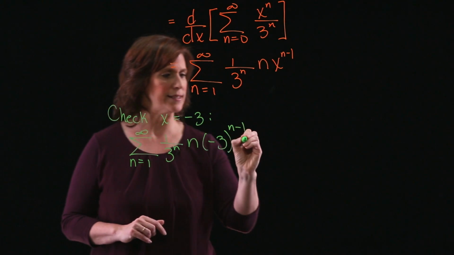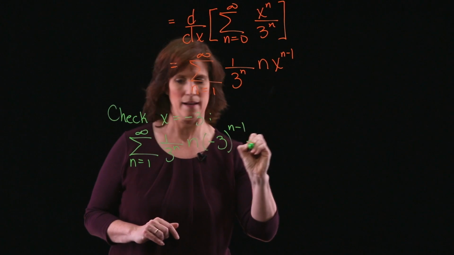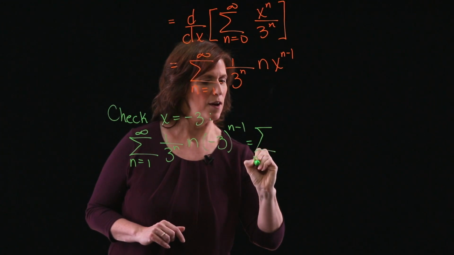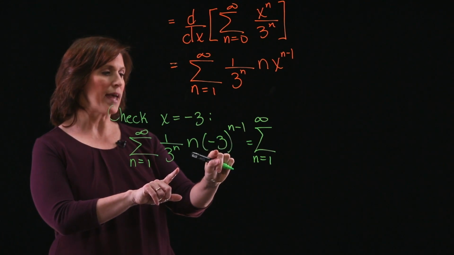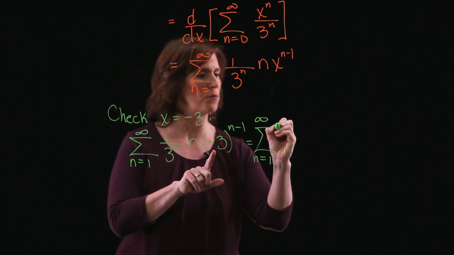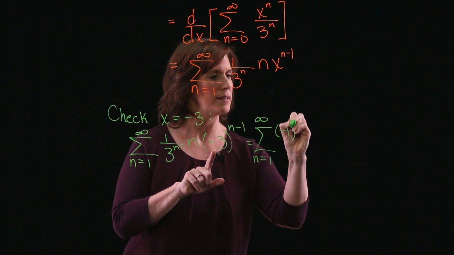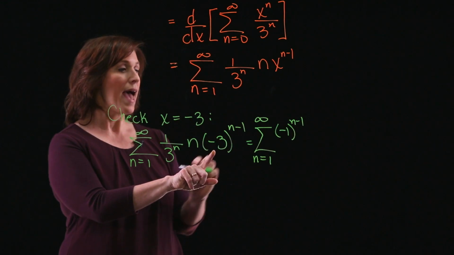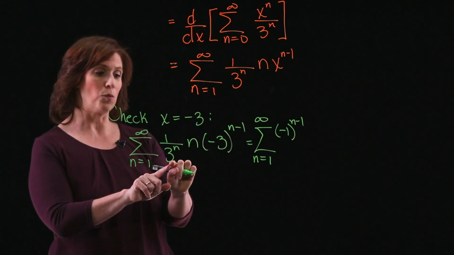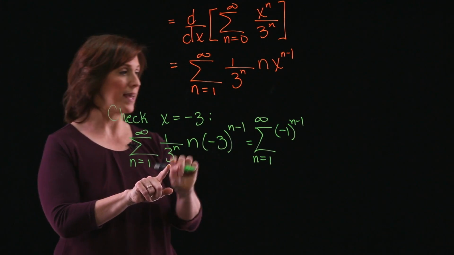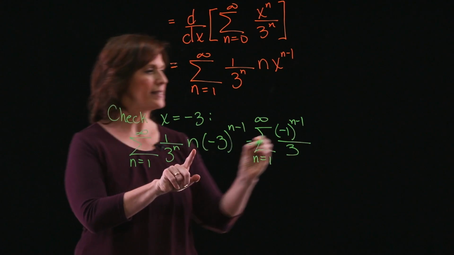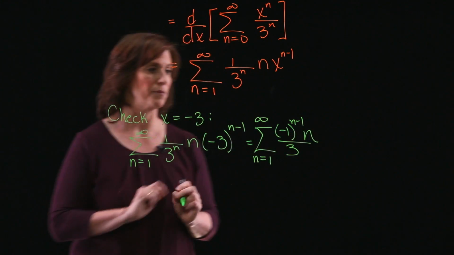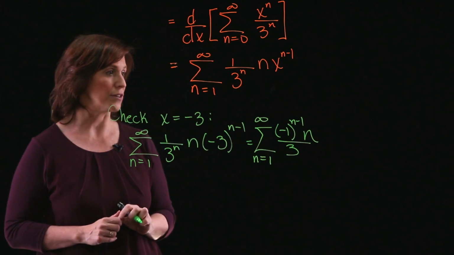Now I can rewrite this as my series from n equals 1 to infinity, noticing that this -3 to the n minus 1 can be written with a -1 to the n minus 1 power, and my 3 to the n minus 1 will cancel with the 3 to the n in the denominator, leaving just a 3 in the denominator, and I still have that n in the numerator. So it simplifies to this series.